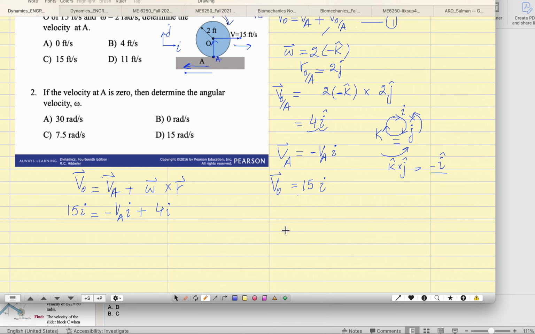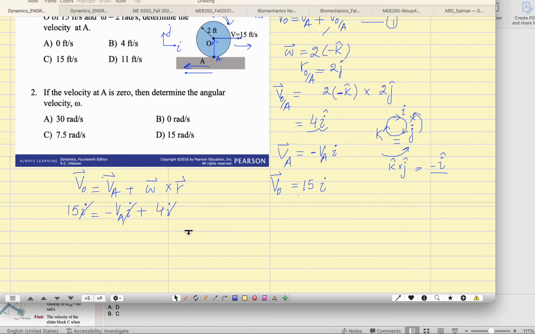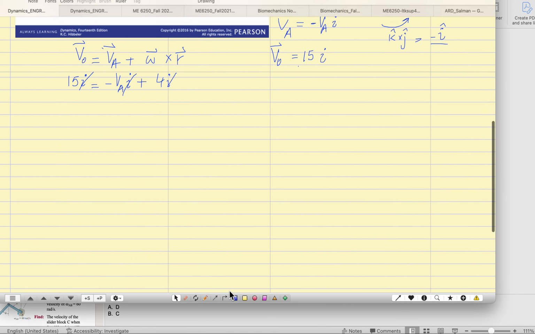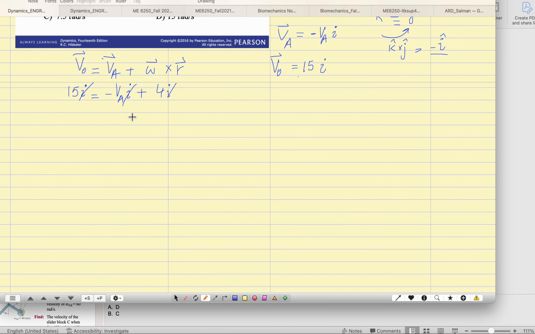We don't have any J component, so we are in good shape. We just cancel I, and it's one equation, one unknown, which is VA. So negative VA equals 15 minus 4, which is 11 feet per second. VA is negative 11.